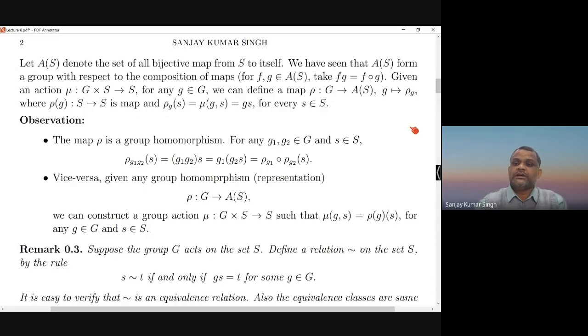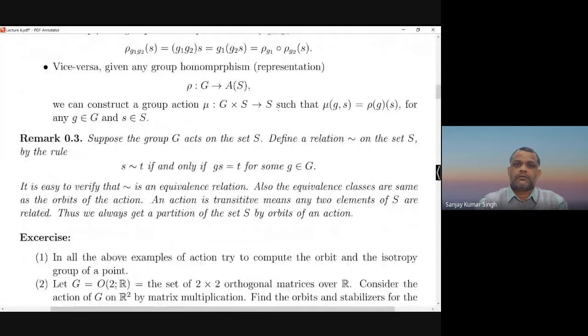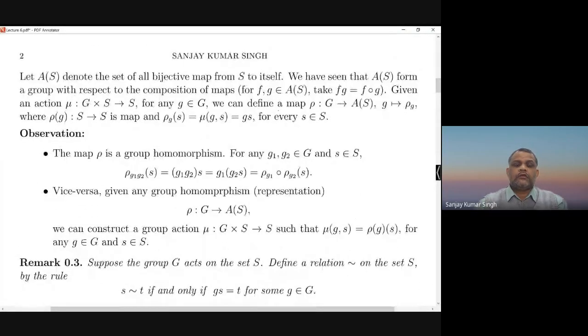And what is rho g? It is a map from S to S defined as this. And it is easy to check that this rho is a group homomorphism, which is very obvious.